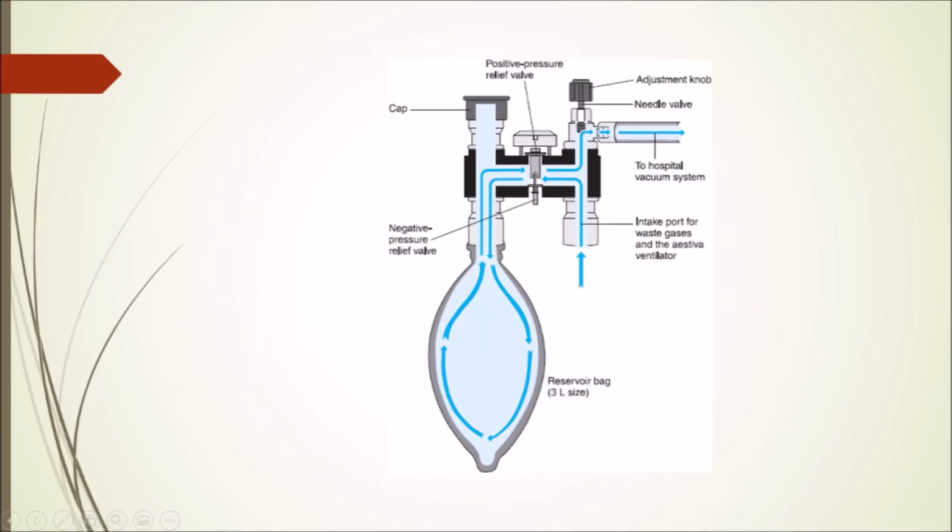What function does the scavenging system play? A scavenging system captures waste gas from the exhaust pipes to minimize the exposure of the operating room personnel to harmful anesthetic agents. Scavenging systems remove gas by a vacuum, a passive system, or both.